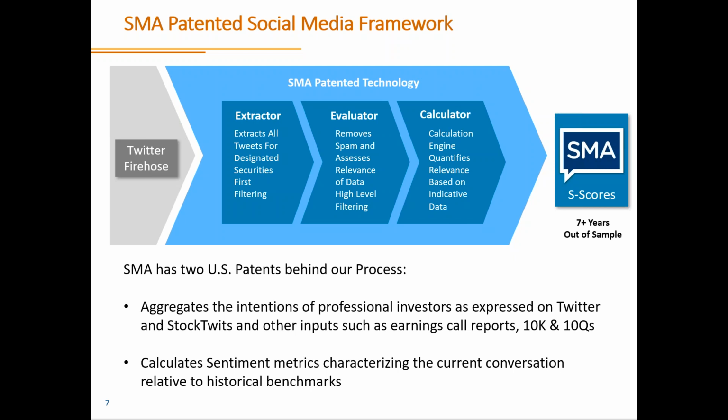But we score anyone that's ever tweeted about a security going back the last 10 years. So if any of you have tweeted about a security and tagged it to any of the identifiers or company names that we can identify to a particular security, that tweet is scored and put into metrics, as well as the account is scored. We have developed a 12-factor algorithm that allows us to score each individual account.